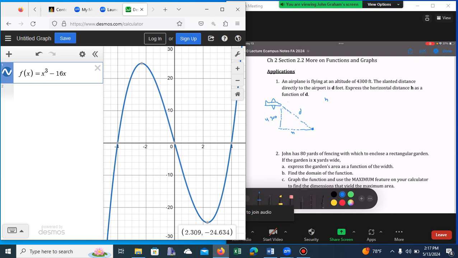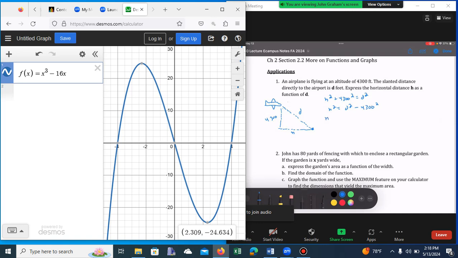H squared plus 4,300 squared equals D squared. And we want to express this as a function of D. That means we've got to solve this for H. So H squared equals D squared minus 4,300 squared. And then we can take the square root.